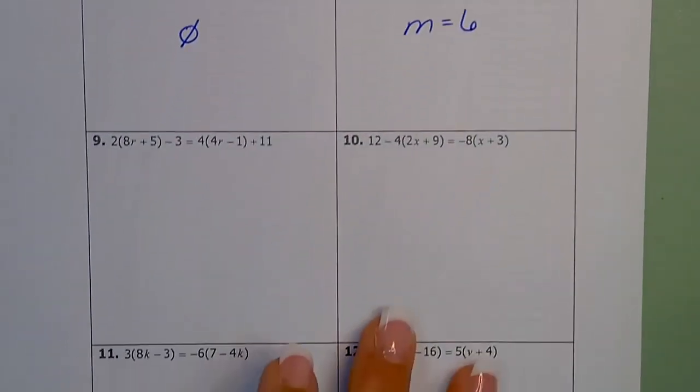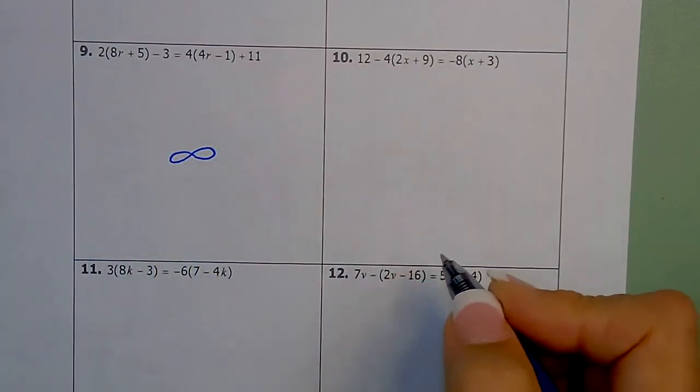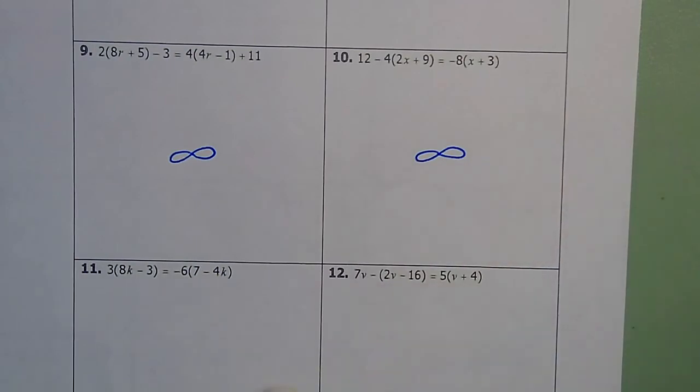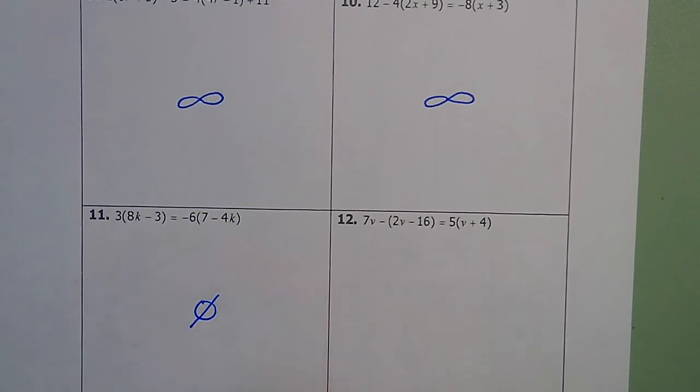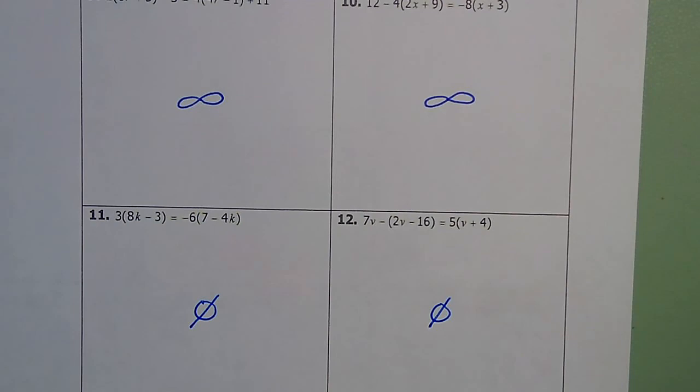Number 9, infinite solutions. Number 10 was infinite solutions. Number 11, no solution. And number 12, no solution.